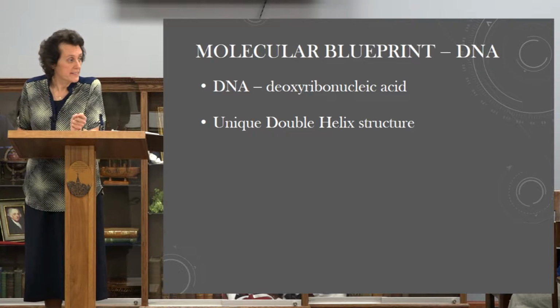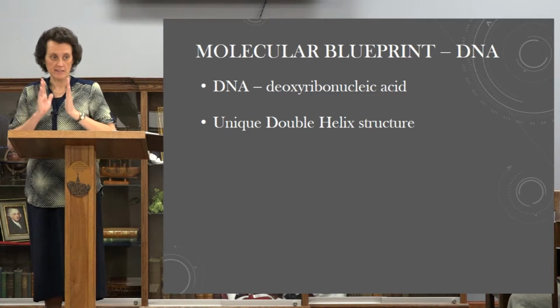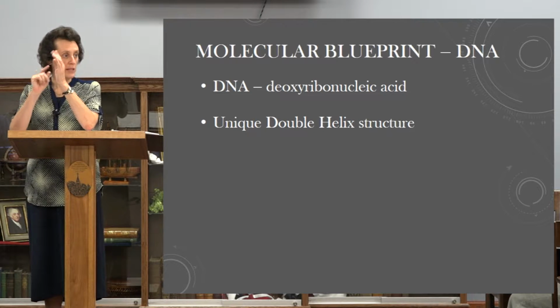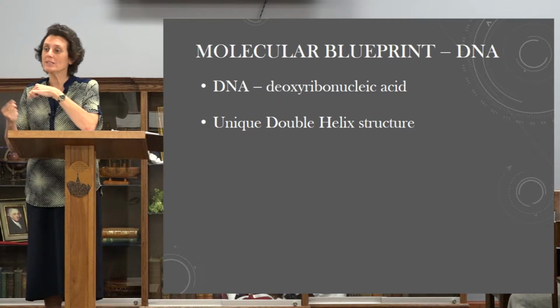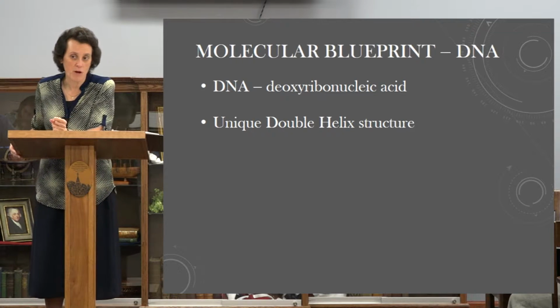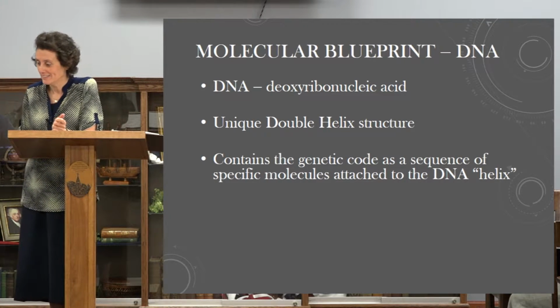So again, the DNA molecule has a unique double helix shape. Double helix is like having a ladder with rungs in between and then twisted, a twisted ladder. It's called the double helix. James Watson, Francis Crick in the 1950s.